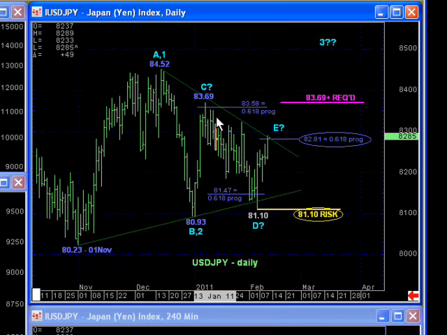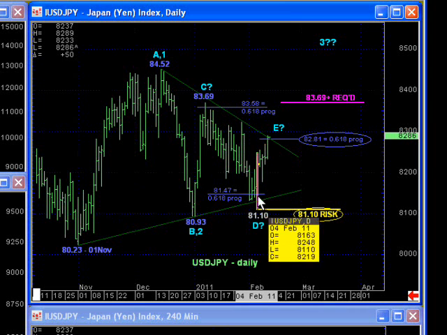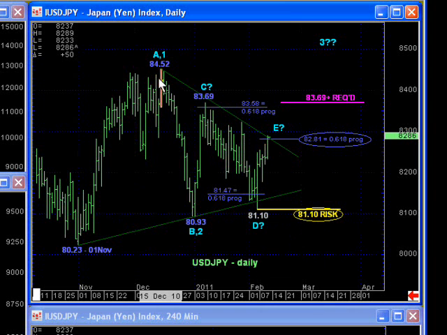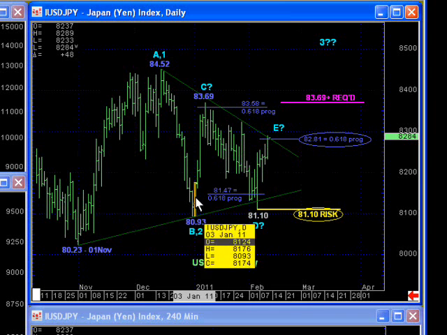You can see that alternate waves within this triangle have respected the 61.8% progression relationship. The January sell-off was basically 61.8% of the length of the December break from 84.52 to 80.93, and currently the past week's recovery has reached the 82.81 area, that makes it 61.8% of the previous recovery from 80.93 up to 83.69.